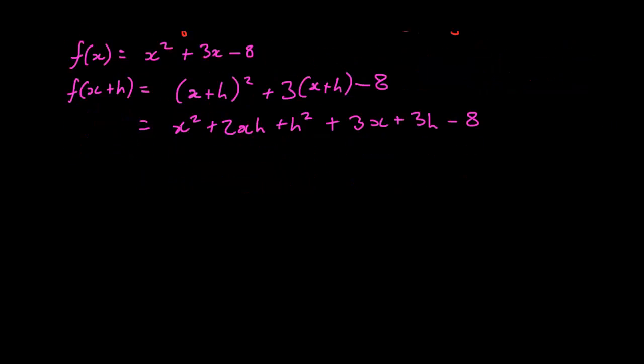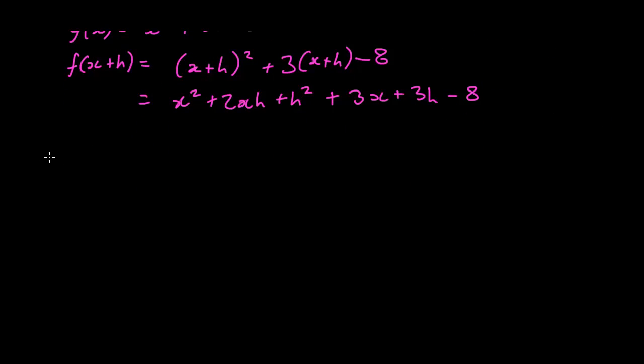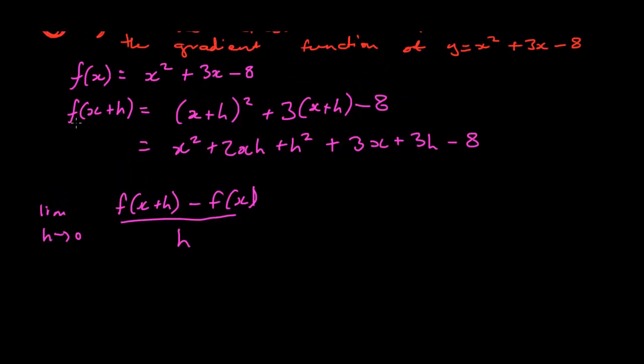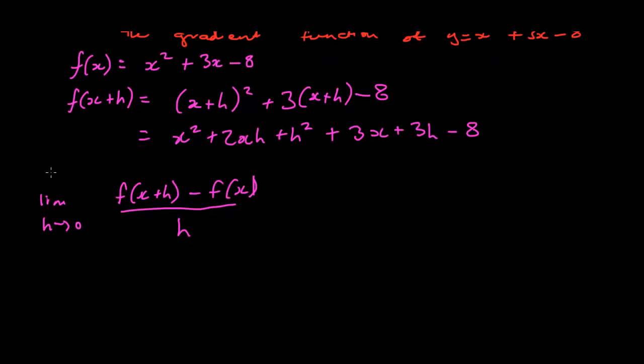Next, we need to know the general formula, which is just this: the limit as h goes to 0 of (f(x plus h) minus f(x)) over h. It's as simple as that. Now, since you've found both f(x) and f(x plus h), you can just sub it straight in. So here we get the limit as h goes to 0.